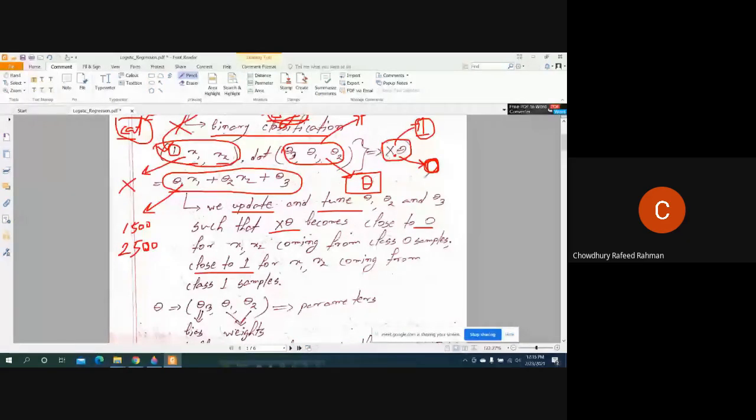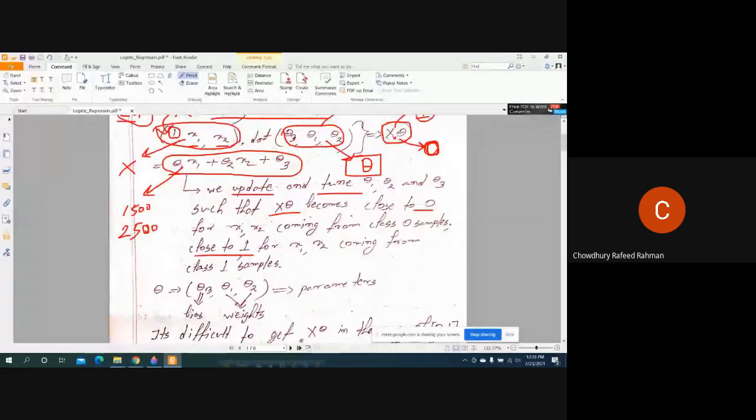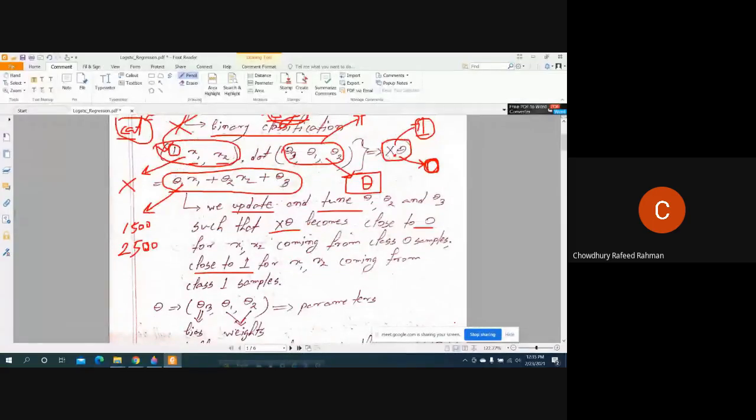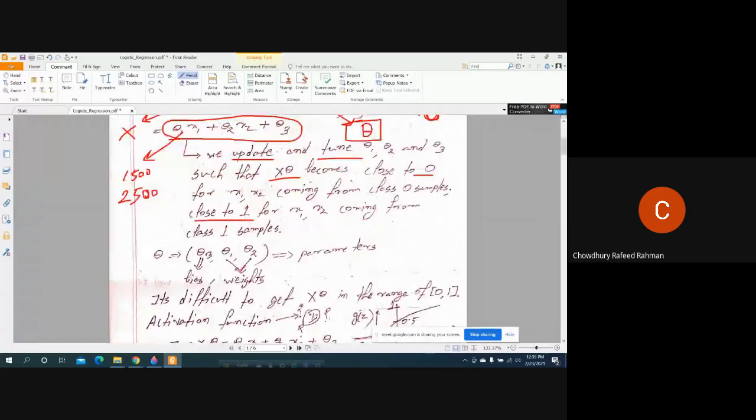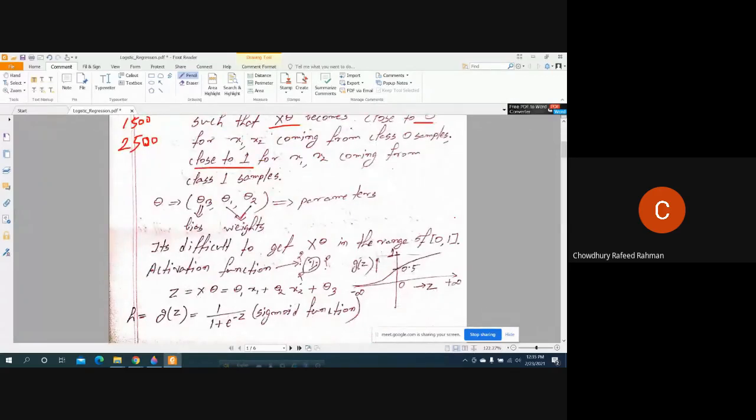For bringing this dot product close to 1 or close to 0, we have to use something known as an activation function. Now there are many types of activation functions. We shall see those in next classes, but today we shall see one of them, which is the sigmoid activation function.